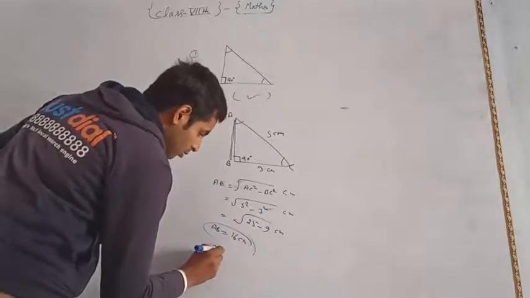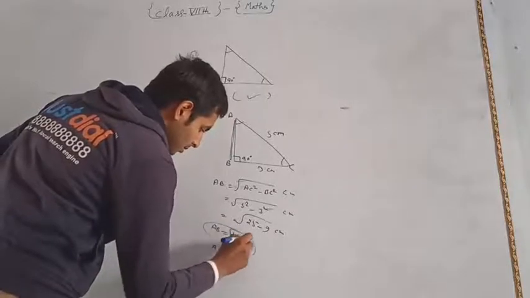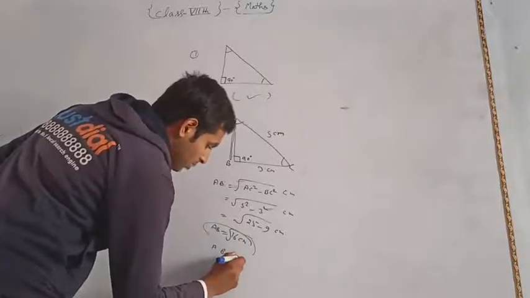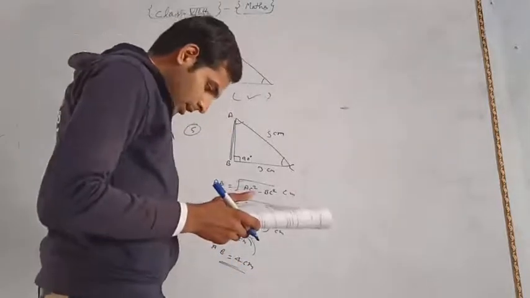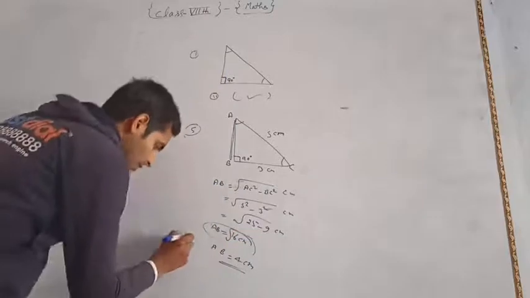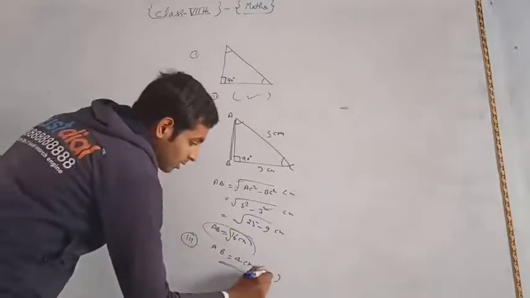Then AB is equal to 4 centimeter. So this is the solution of your problem. Option number 3rd is true.